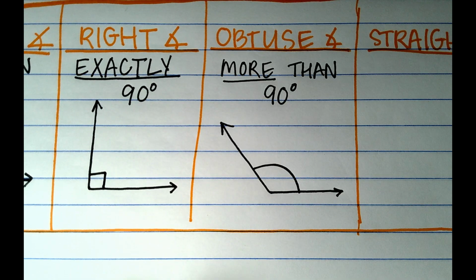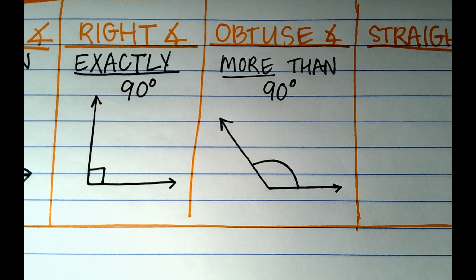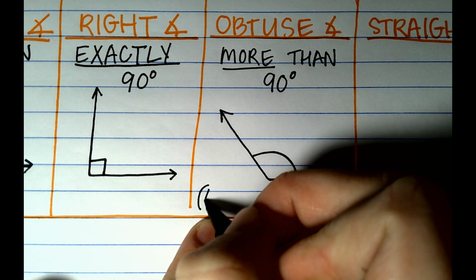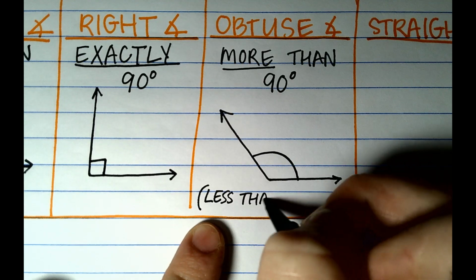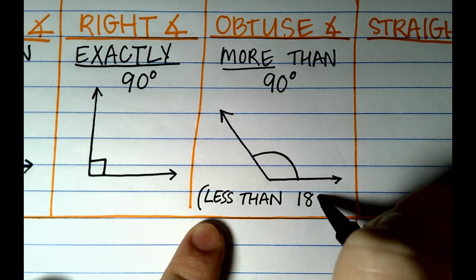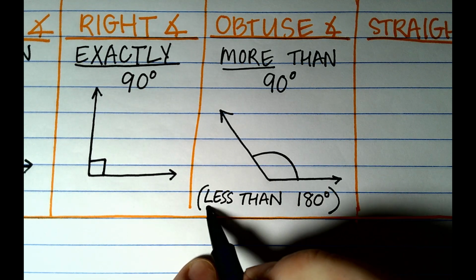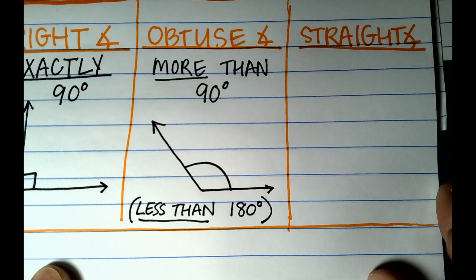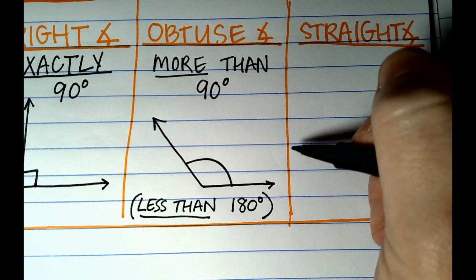Actually, one more rule about an obtuse angle. Does anybody know what that obtuse angle has to be less than? 180 degrees. I'm not going to be testing you on that, but if you want to put that in your parentheses down here, I'm going to say less than 180 degrees. The reason it has to be less than 180 degrees is that once your angle is 180 degrees, now it's a straight angle because it makes a straight line.